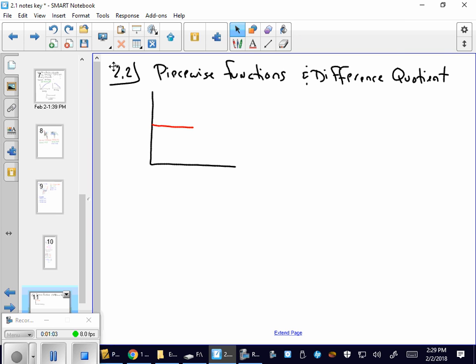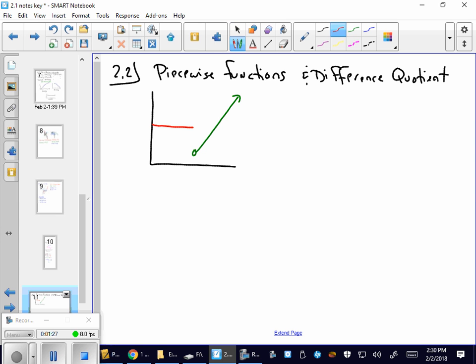And then you could have another function that picks up where this one started, but maybe it's at a different spot, maybe it's down here, and then does that. So what you can see is the red and green are two different functions, right? One is a horizontal line, the other one is a slanted line. They're actually two different things, but they actually create one entire function.